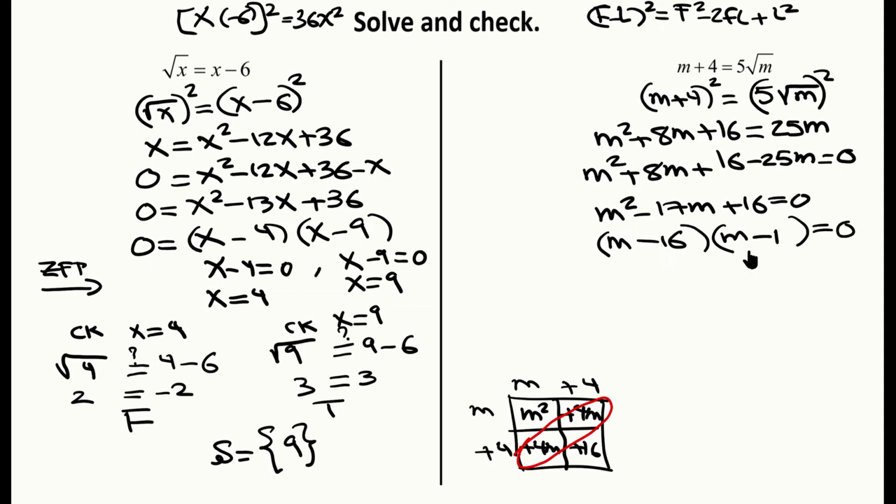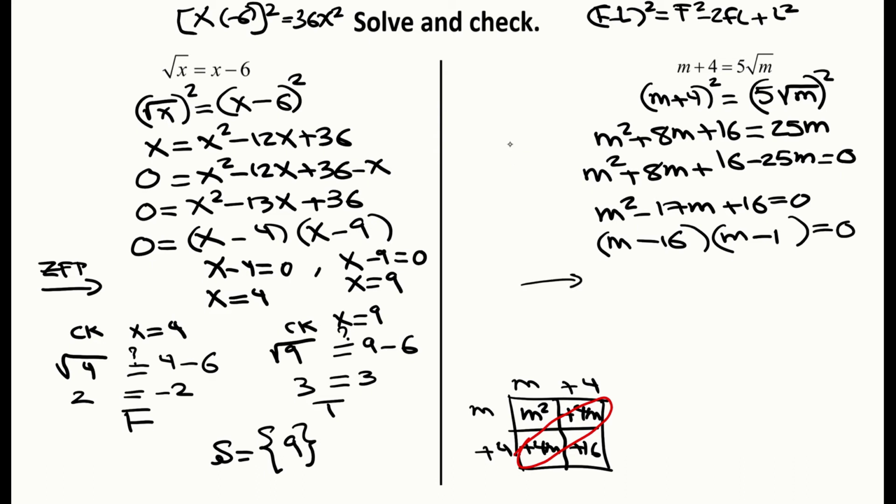The last term here times the last term here gives us the last term in the trinomial. Negative times negative is positive. The inner product is negative 16m, and the outer product is negative 1m, and they combine to give us negative 17m. You always want to do that 3-step check, even if you just do it in your head, to make sure you factored it correctly.